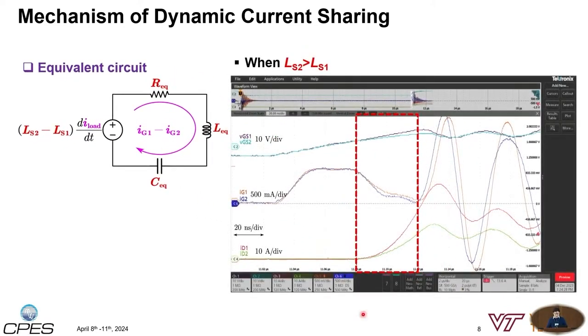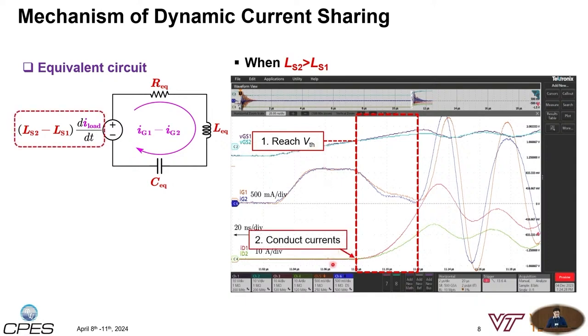For example, the experimental waveform on the right-hand side, where the source inductance 2 is higher than the source inductance 1. The first step is when both VGS reach the threshold voltage, so the MOSFET starts to conduct current at this point.